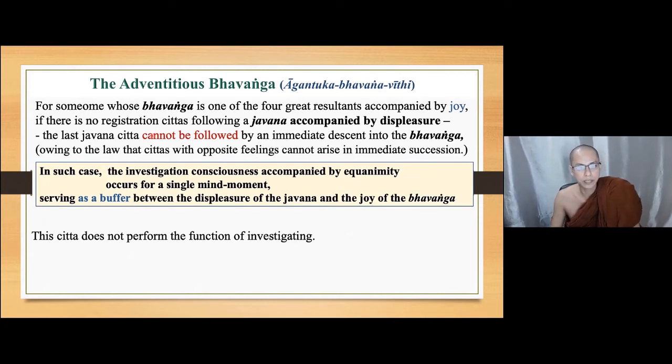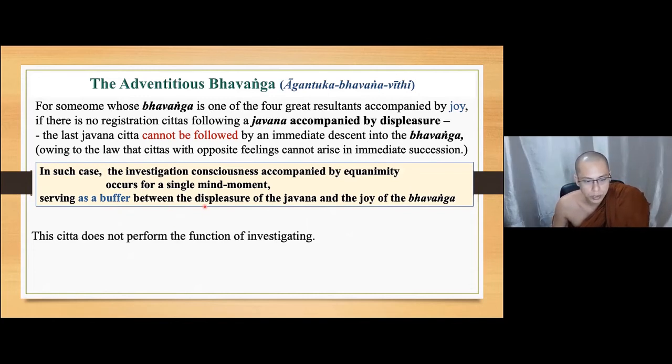We can name that moment the adventitious bhavanga because it occurs just for a single moment, only one time. It serves as a buffer. A buffer is just to be between two things which are bumping into each other.